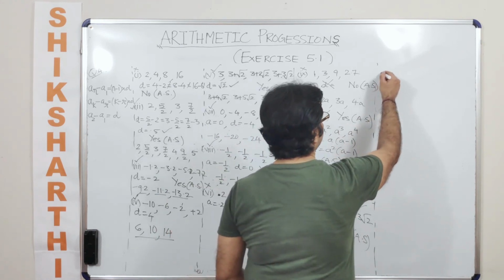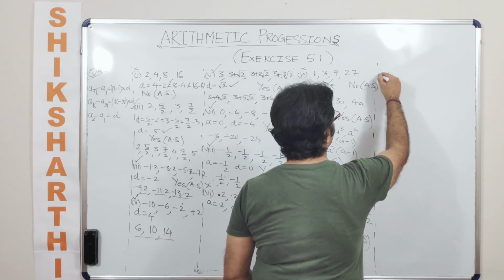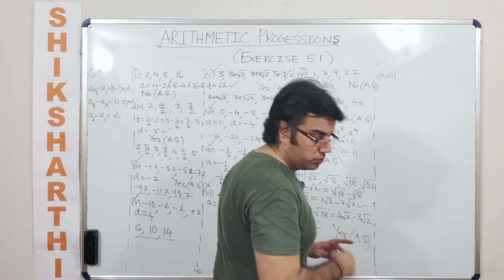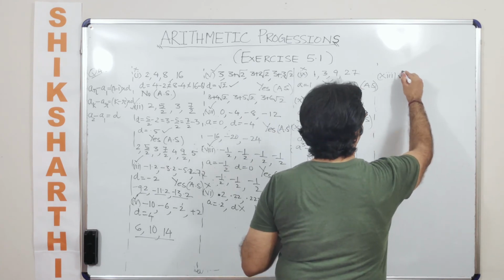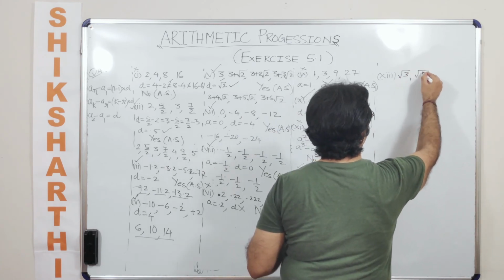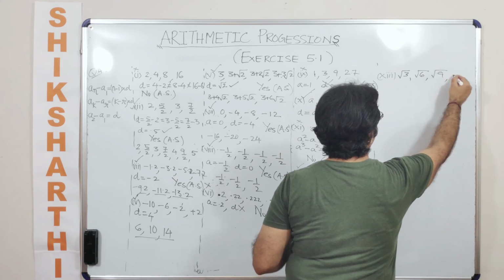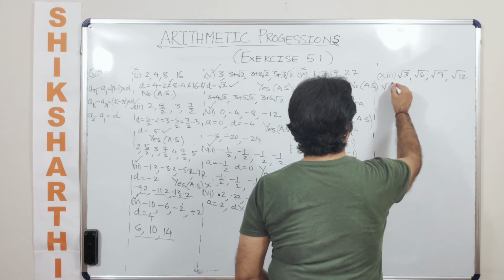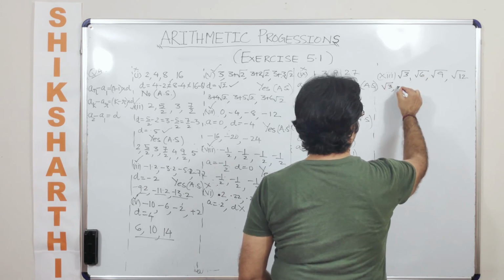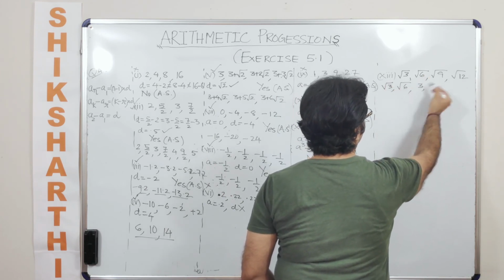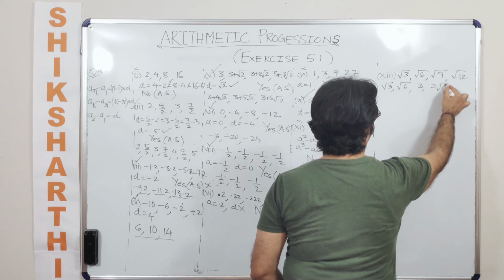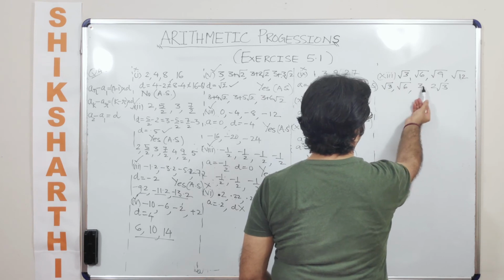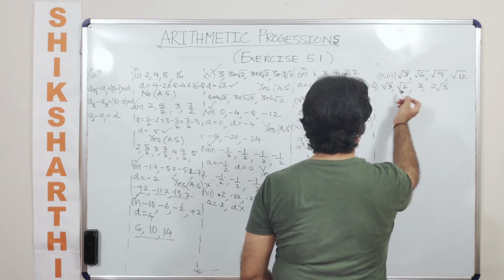So talking about subpart 13. Now when we are talking about subpart 13, it says root 3, root 6, root 9 and root 12. Okay, before we go ahead, let me rewrite the terms. So root 6, root 9 is 3, and root 12 I can write as 2 root 3. How much is root 6 minus root 3? Or can I say root 6 minus root 3 is equal to 3 minus root 6? Let's check it out.